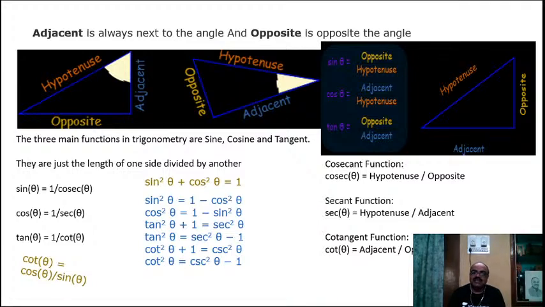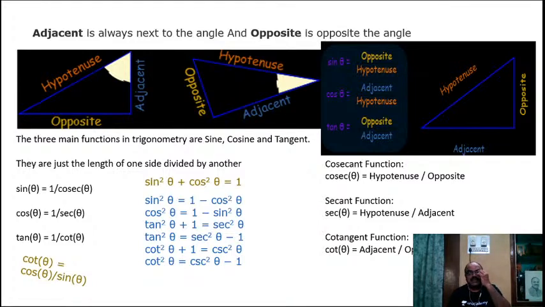We don't say tangent theta, we say tan theta. We don't say cosine theta, we say cos theta. Cosecant is said as cosec, secant is said as sec, and cotangent is said as cot theta.